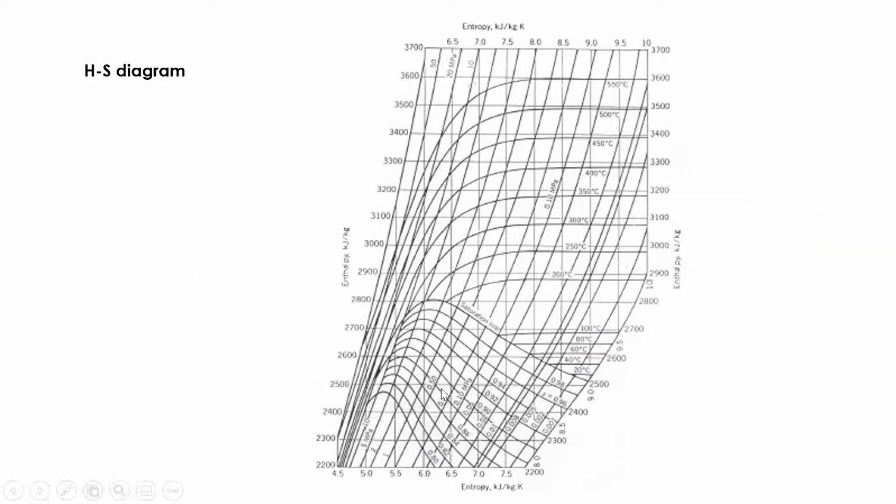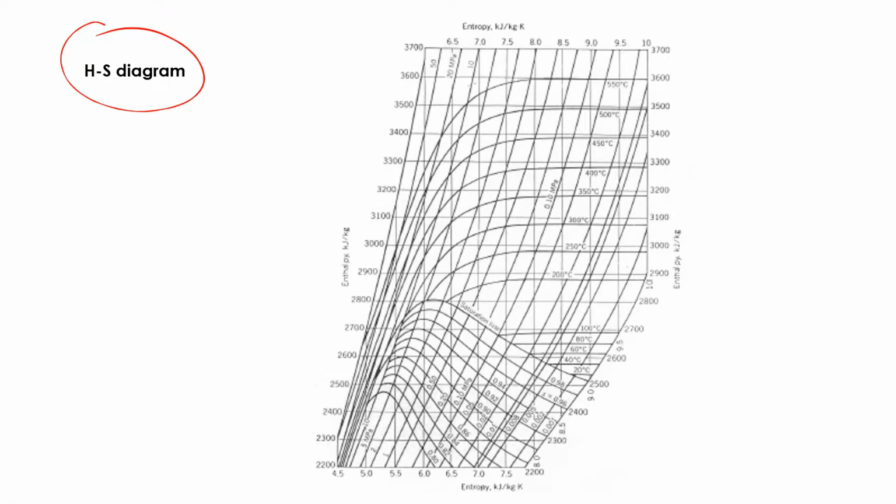In this slide, you see the enthalpy-entropy diagram. We will use this diagram a lot in order to evaluate the performance of the system. So first of all, before we go into some exercise, let's look carefully into the diagram here.